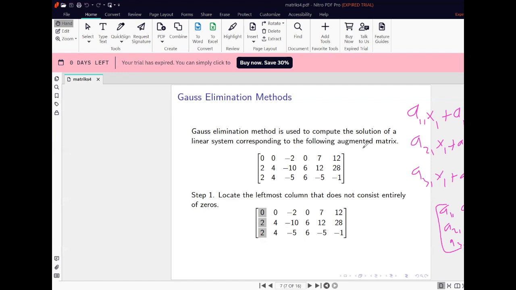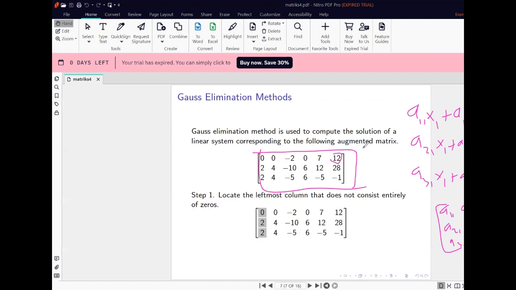I ask you, how many variables in this augmented matrix? Come on, guys. How many variables?